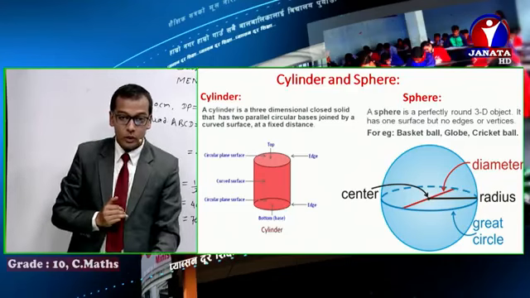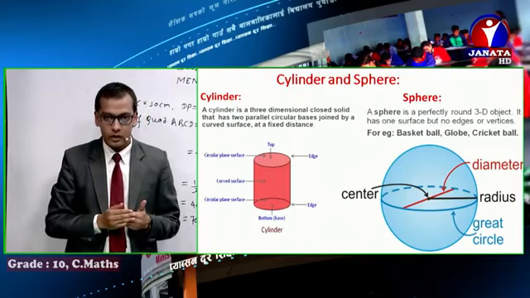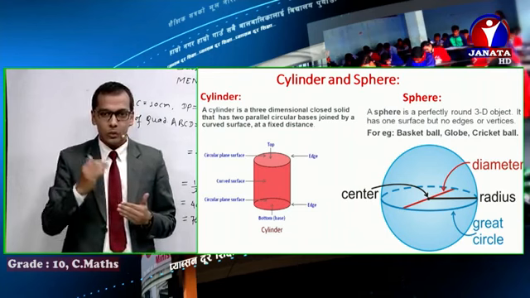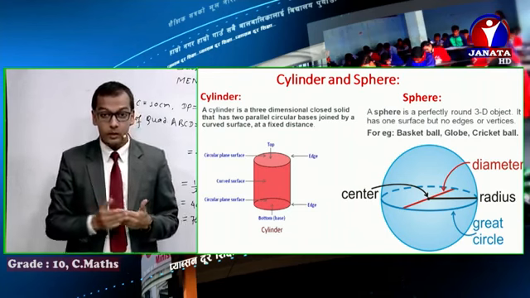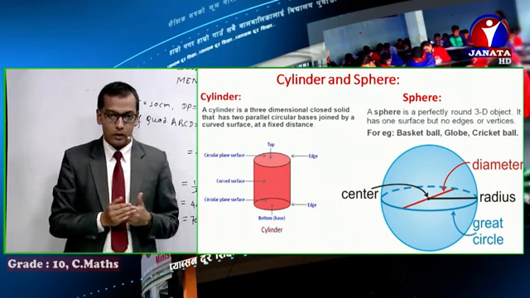Let me do one activity here. We can do it together. If we have one rectangular sheet of paper, we can transform it into a cylinder.